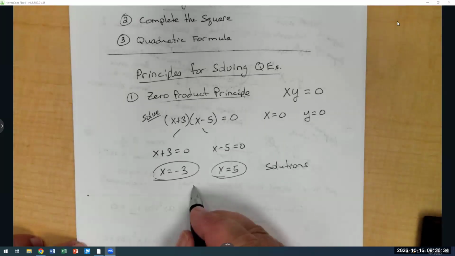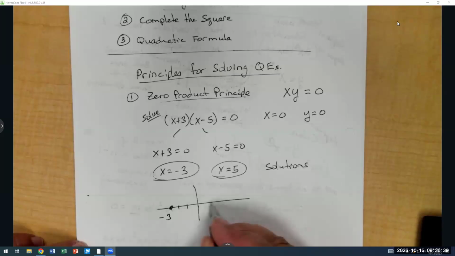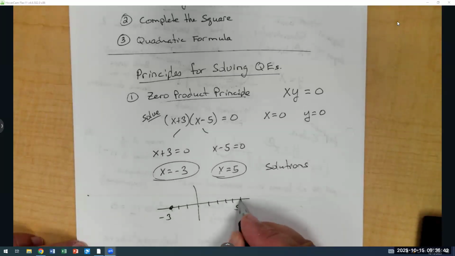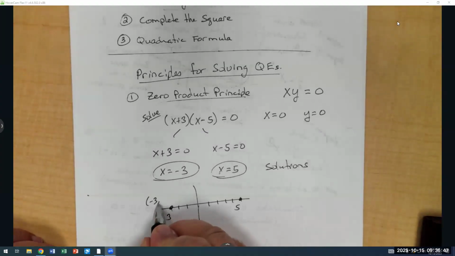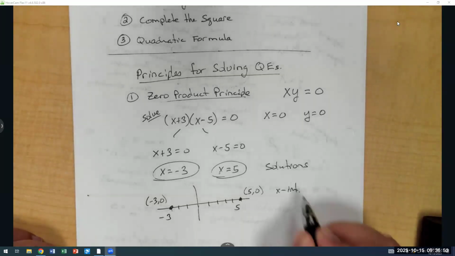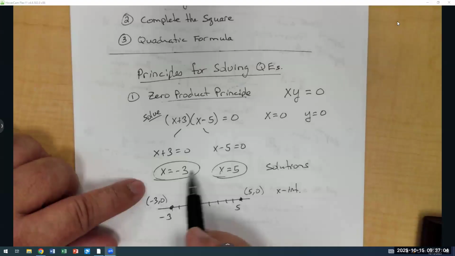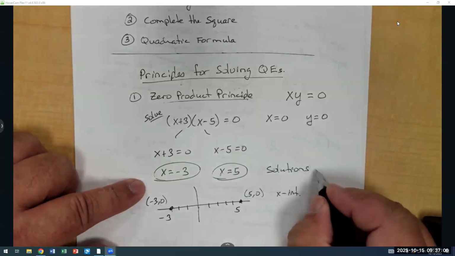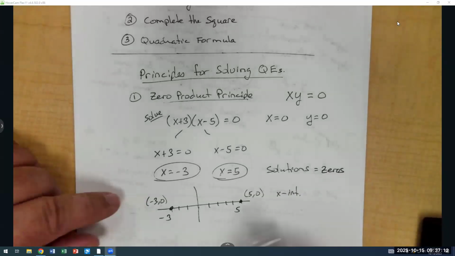On a graph, those are my x-intercepts. The locations are (-3, 0) and (5, 0). These are my x-intercepts. Now, how do I know these are my zeros? Why are they called zeros?